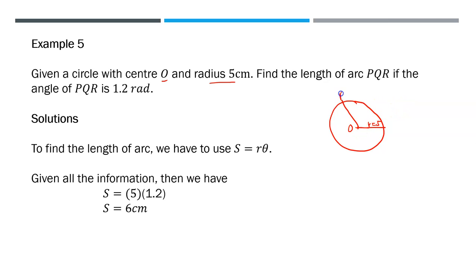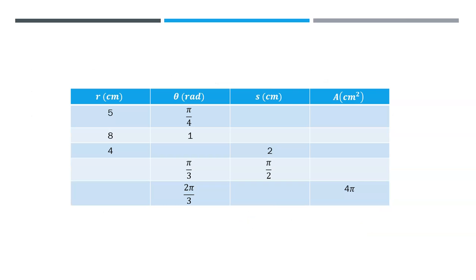So the length of arc we usually define as S. S equals r theta. r is 5 cm, theta is 1.2, so you will get 6 cm. Just directly use the formula.